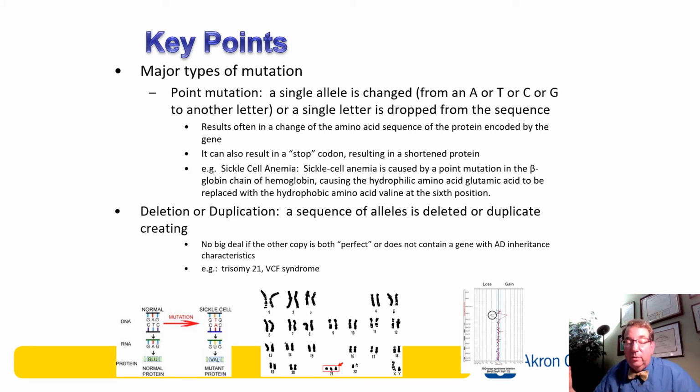And so the other copy of the gene ends up not being enough to make up for the difference in loss of genetic material. And this is an old visualization of what these copy number variant reports would look like, where you can see a loss or gain in genetic material.